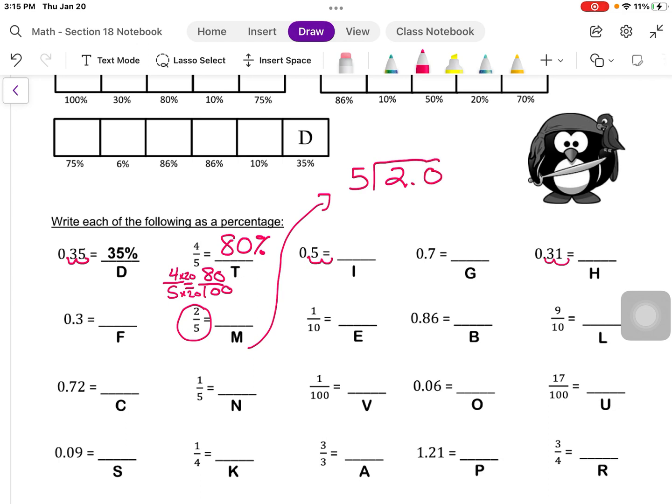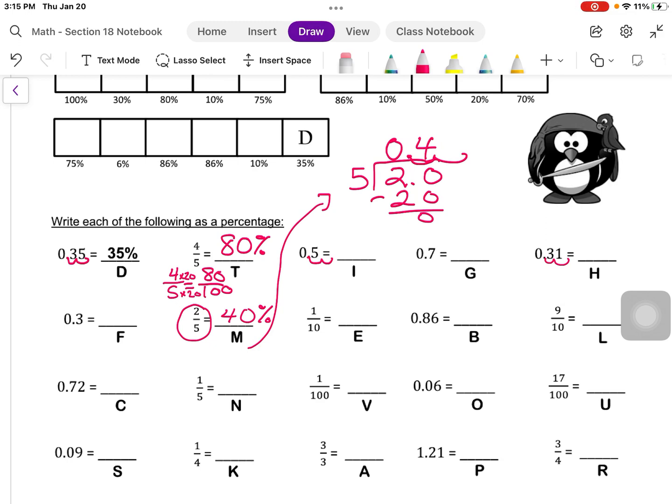I can add my decimal point, and I can say 5 goes into 20 4 times, and there I've just turned it into a decimal. And once I've turned it into a decimal, I can move it 2 places to the right to get my percentage, 40%.